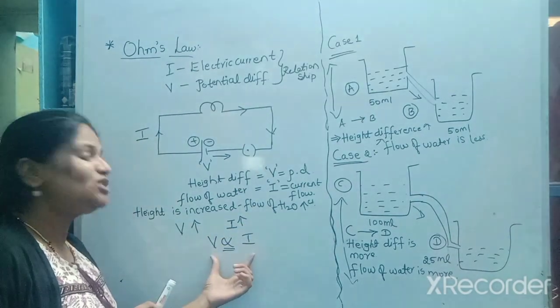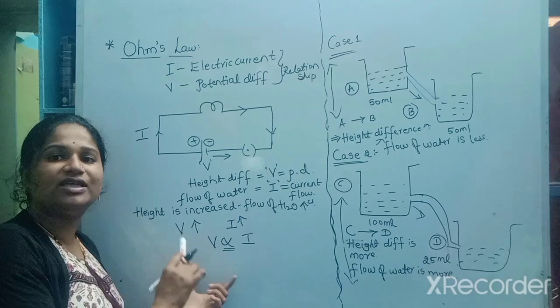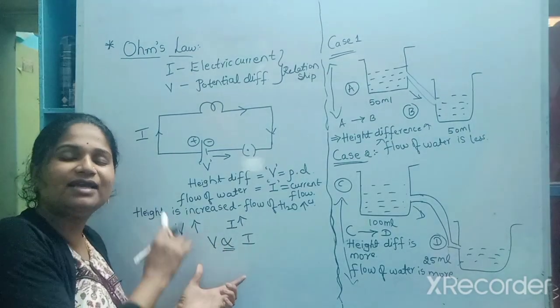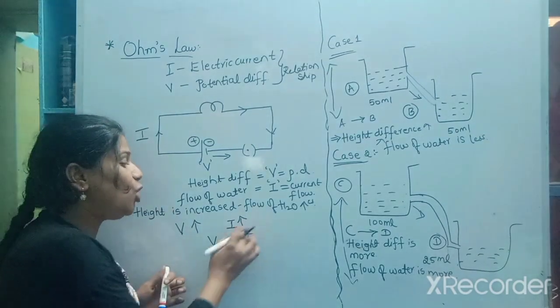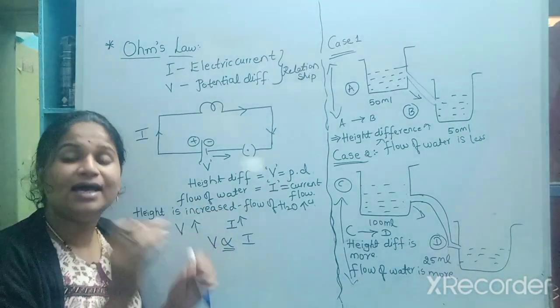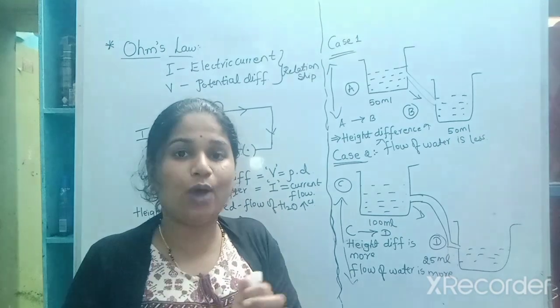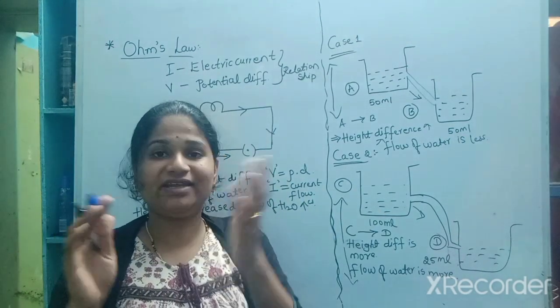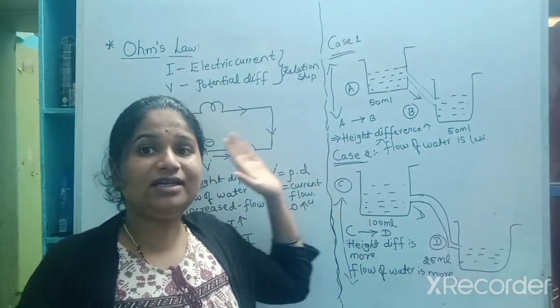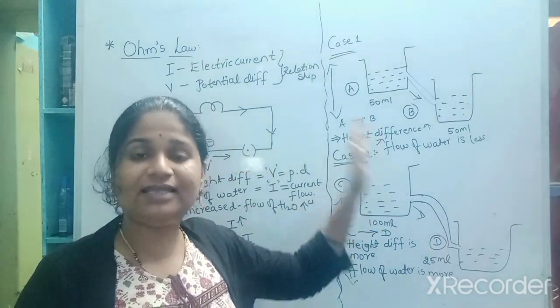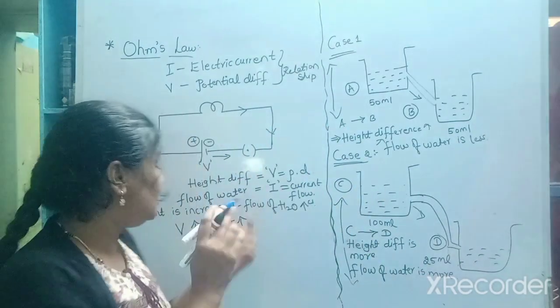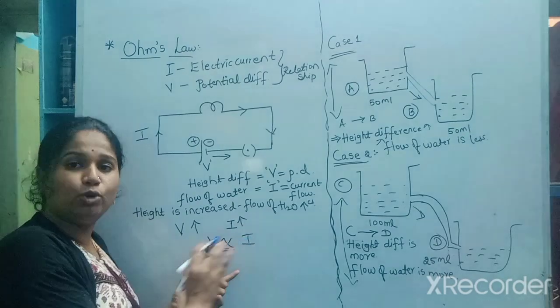So by this we can say that potential difference is always directly proportional to the flow of current, unless the temperature remains constant. Here we have one big condition. Only when the temperature remains constant will they be directly proportional.